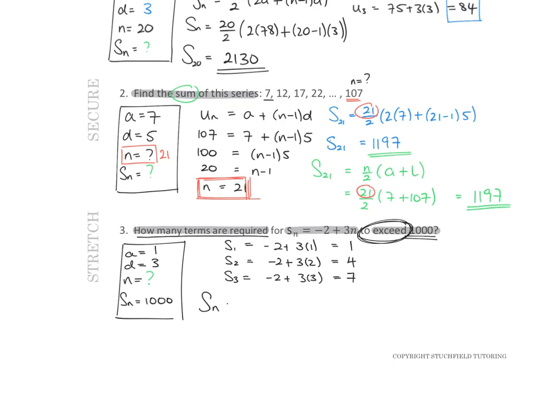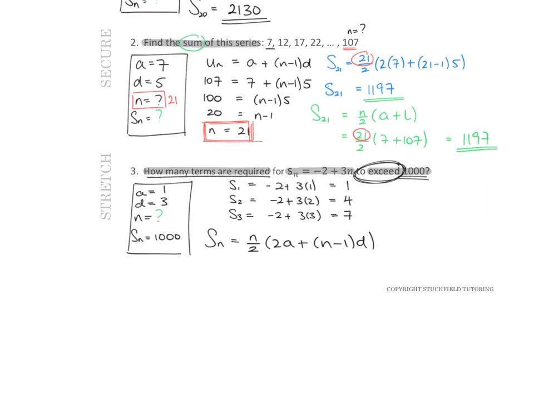So we've got our sum formula. And then I'm subbing into that. I don't know n. And I'm going to find when it equals 1,000. So I am now simplifying this.